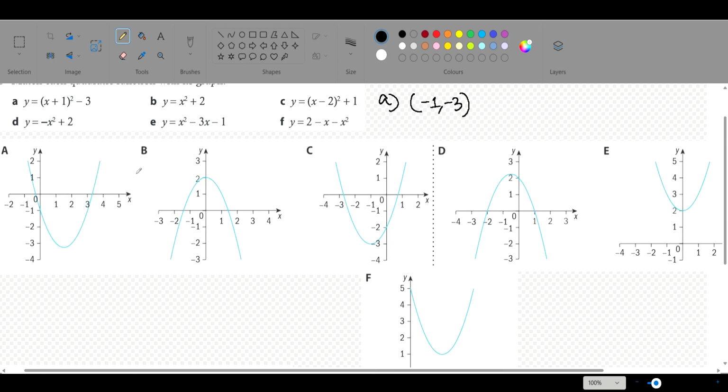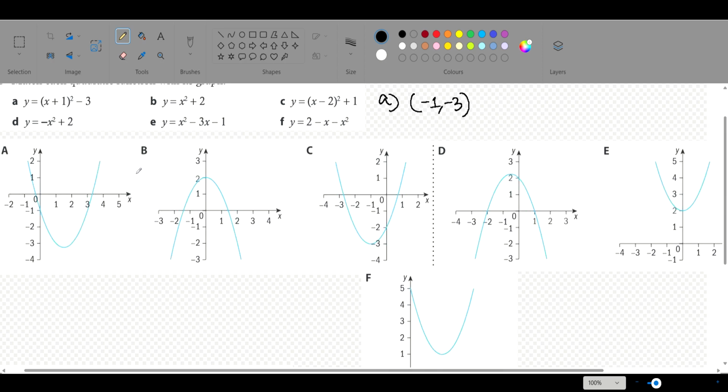So the second thing that I'm going to look into is the vertex of all the graphs that I have. Which one is having negative 1 comma negative 3 as their vertex, and as well as that, the parabola is concave up?